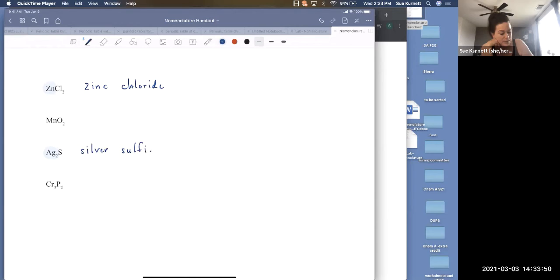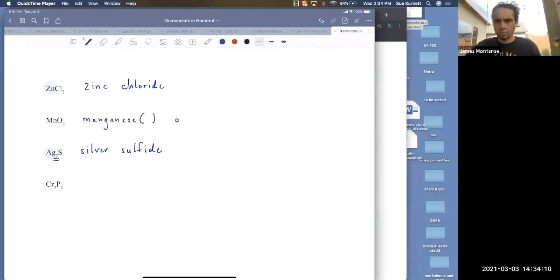And people who have a periodic table and understand chemistry know that means 2 silver ions for every 1 sulfide based on charge. But for manganese and chromium, there are charge choices. So we have to figure out what the charge is. I know this is manganese oxide, but which manganese? +1. No, try again. -1.